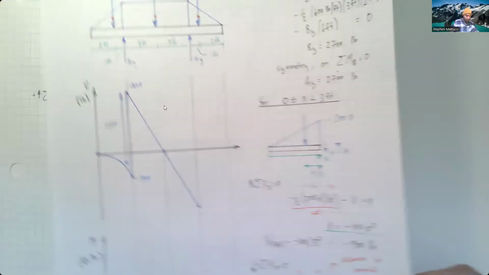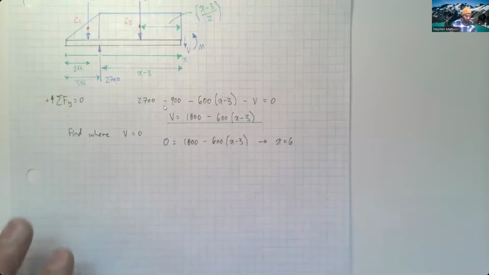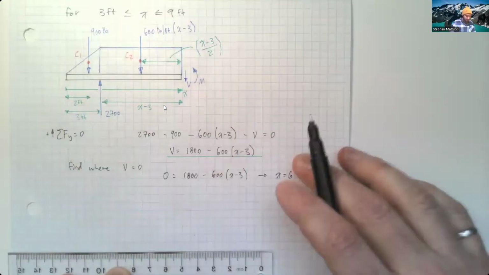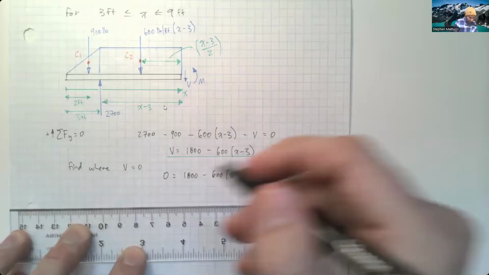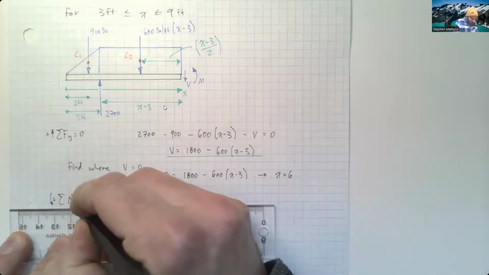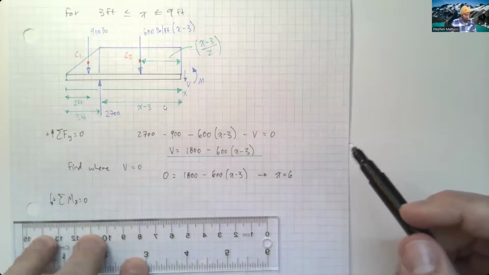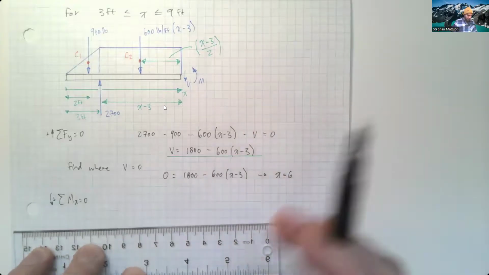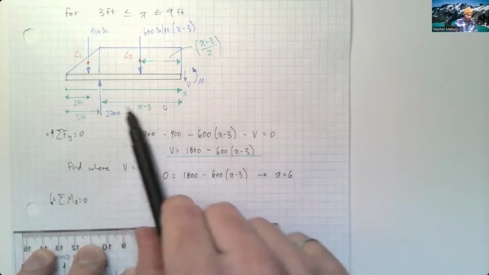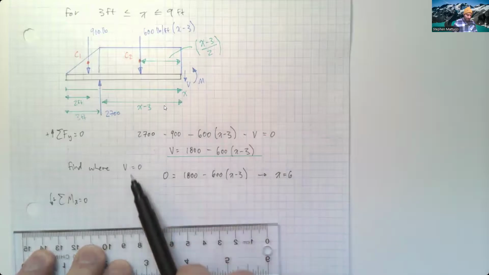So I'm going to continue like I was doing before and now solve for my moments for this same section between 3 and 9 feet. So we're going to sum moments about x equals 0. In this case, we've got 900 pounds. This is going to be equal to x minus 3 plus that one distance here, so it's going to be x minus 2.